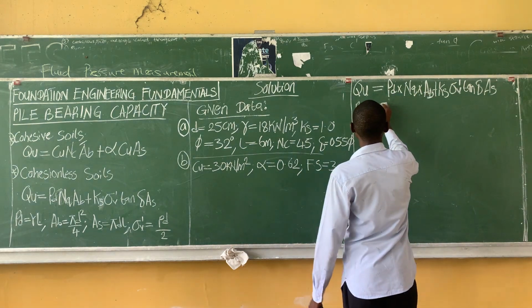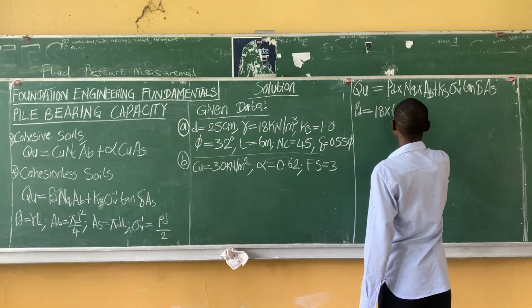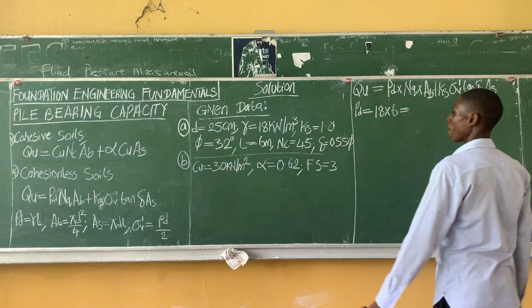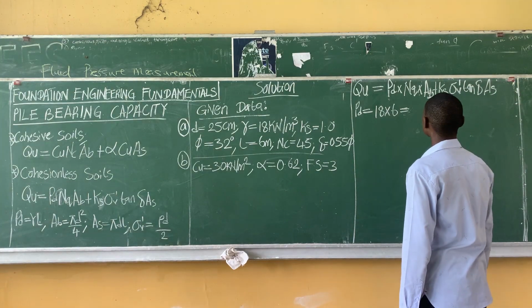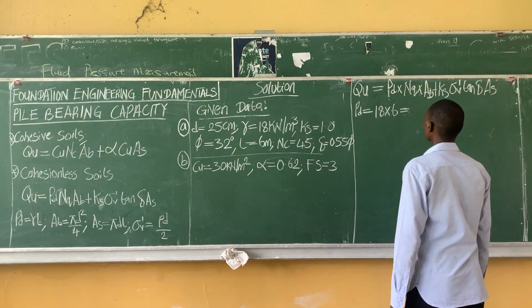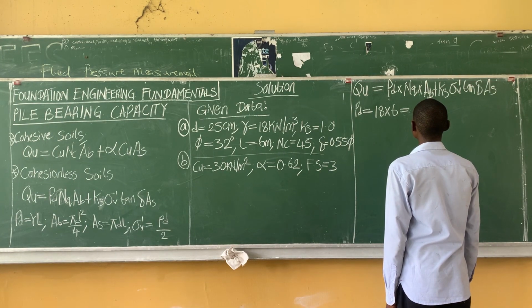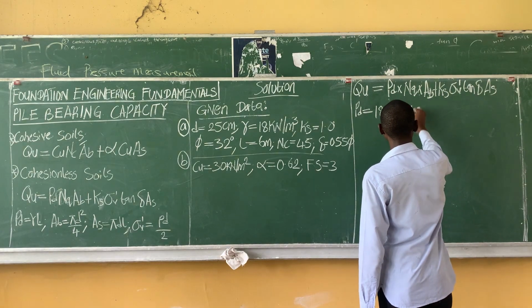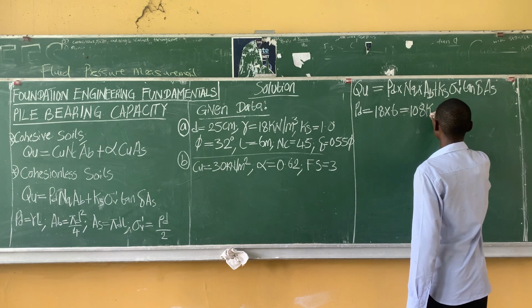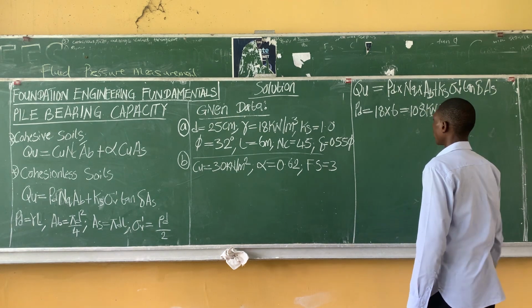Hence, this is equal to 18 times 6, and that gives us 108 kilonewton per meter squared.